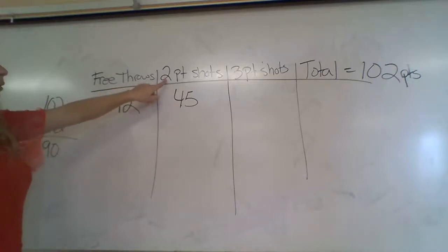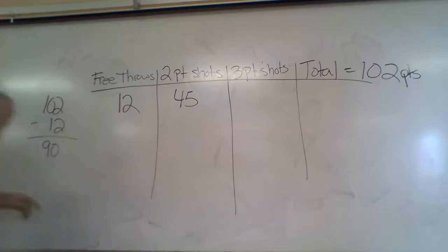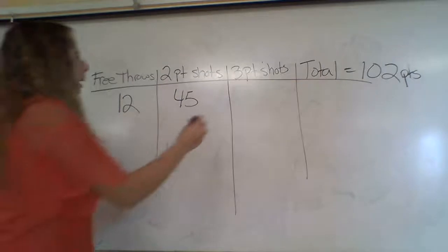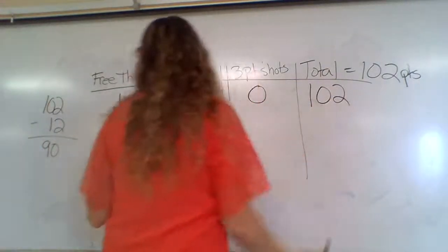What's 45 times 2? 90. So that would be 90 points plus 12 is 102. So then you would make 0 3-point shots, and that would give you a total of 102 points.